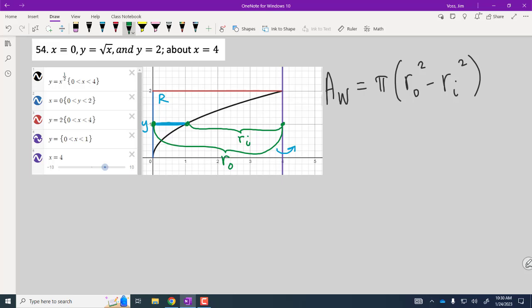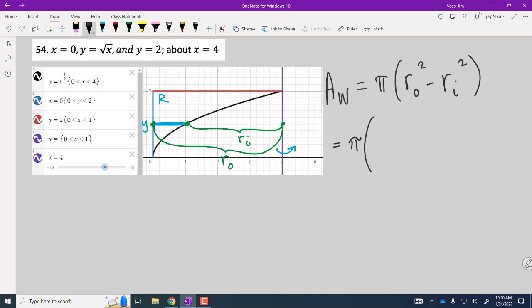Both of those are horizontal distances. Horizontal distances: right x minus left x. So when we look at our two curves here, what is the outer radius?